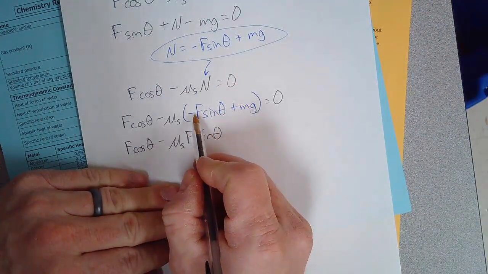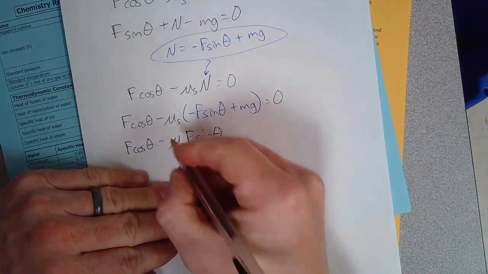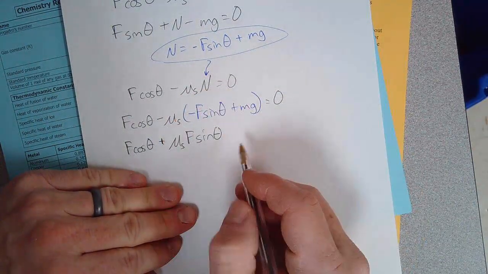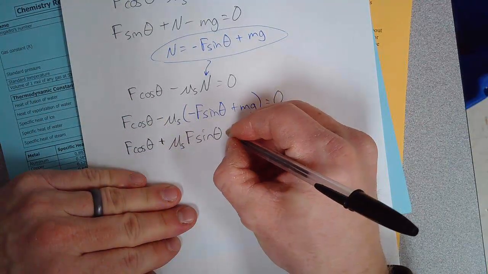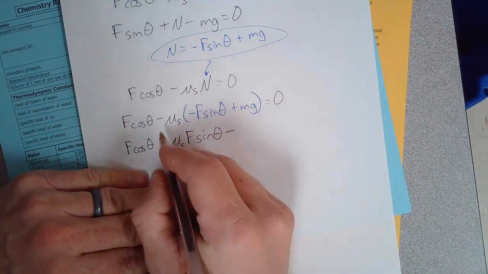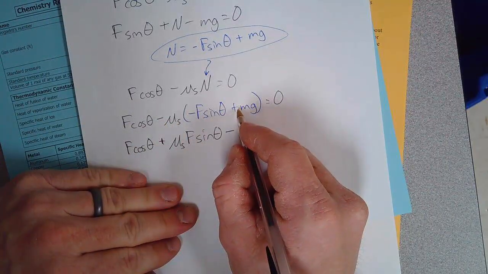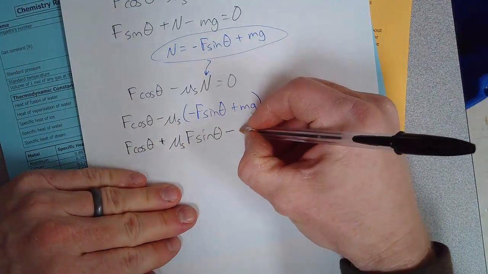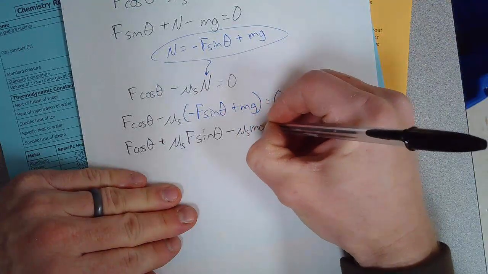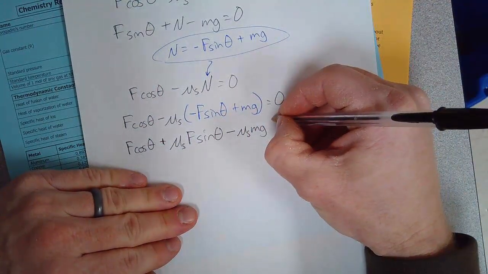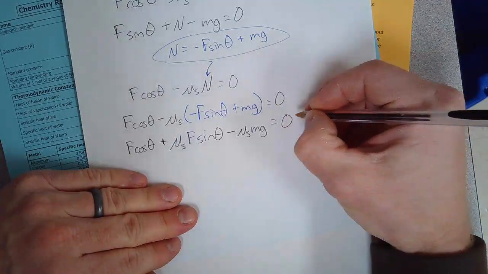Now, there's a negative sign on the f sine of theta. There's also a negative sign on mu s, so I'm going to put a plus sign there. Now, when I distribute this out, negative mu s times mg is going to be negative mu s mg, and I think that's good. Equals 0.